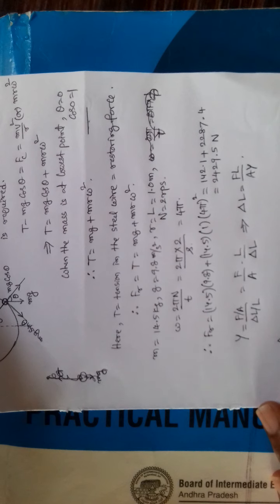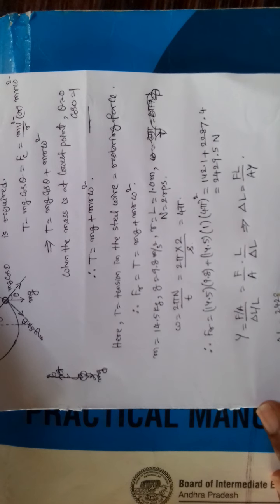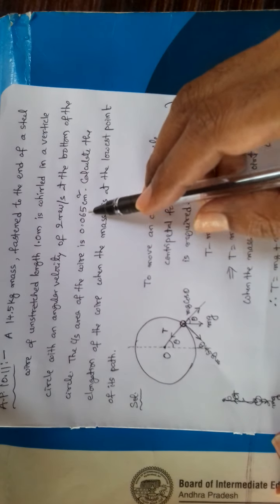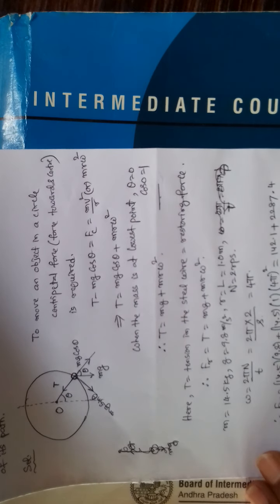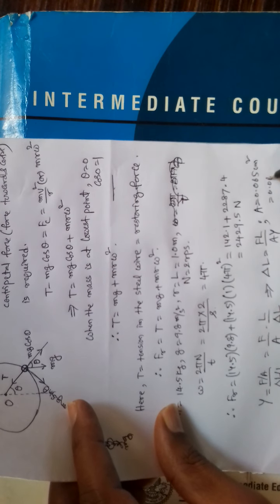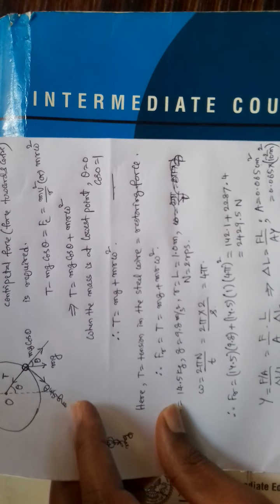Now substituting the values, force is the restoring force, L value 1 meter, and the cross sectional area of the wire is given here as 0.065 centimeter square. So that is 0.065 into centi, meaning 10 power minus 2 meter, whole square.